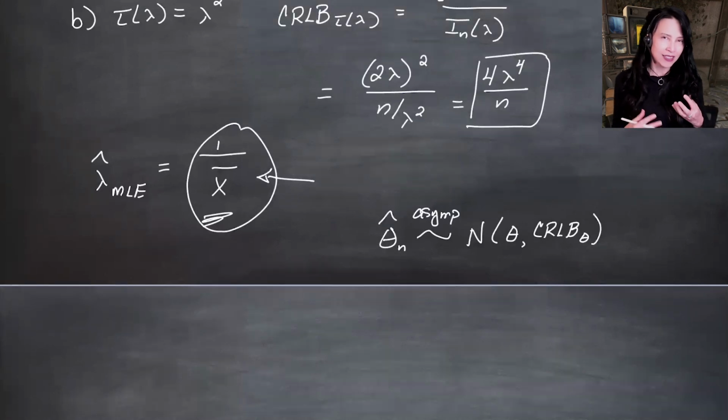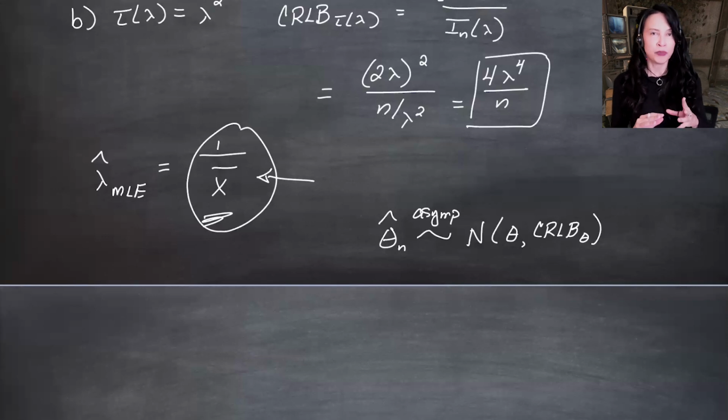So in some sense, the variance of your estimator is approaching that Cramér-Rao lower bound, which is not exactly right. Wait till I get to the list. This is why I care about Cramér-Rao lower bounds in the context of MLEs, even though Cramér-Rao lower bounds are only for unbiased estimators and MLEs are often biased. In the limit, they're becoming unbiased. They are asymptotically unbiased, and I'm getting way ahead of myself.